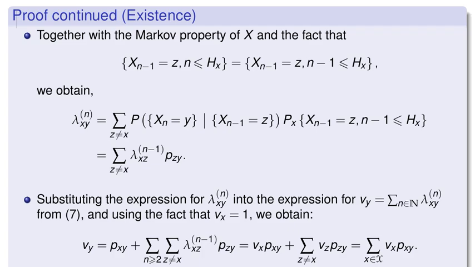This can be rewritten as v sub x times p sub xy plus the sum over z not equal to x of v sub z times p sub zy. This is precisely the sum over all x in script X of v sub x times p sub xy. So v satisfies v equals vP.